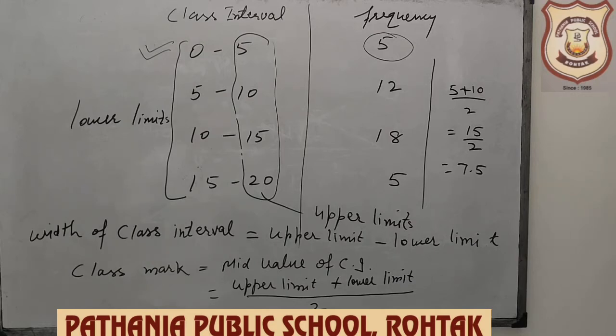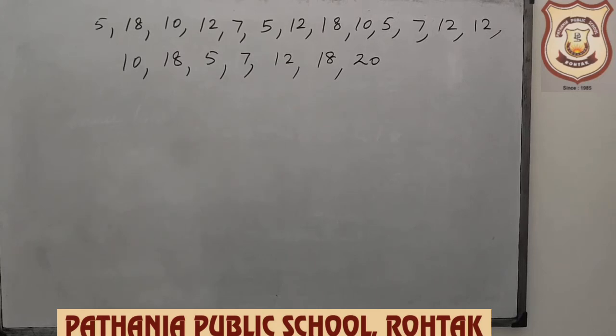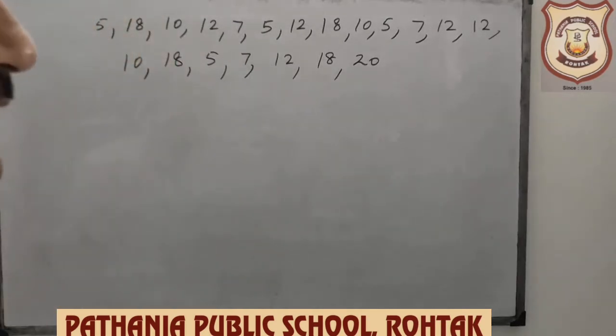And now you can construct. Next question: how can you construct the frequency table? Suppose that marks of 20 students are given in a class test of 20 marks, and the number of marks obtained by different students are given here.